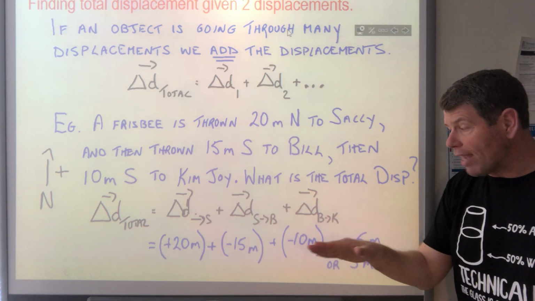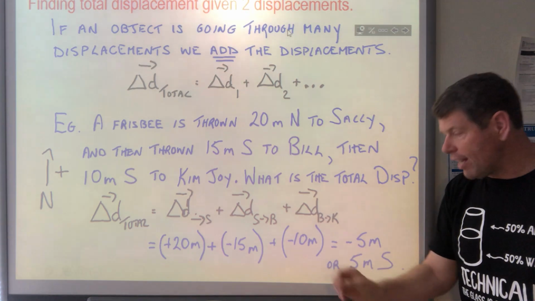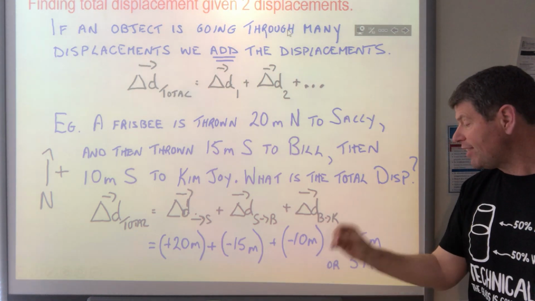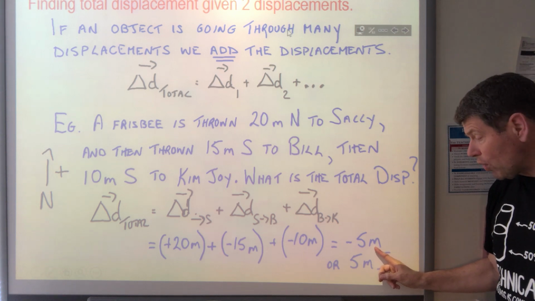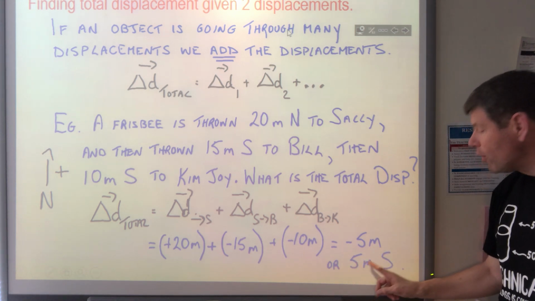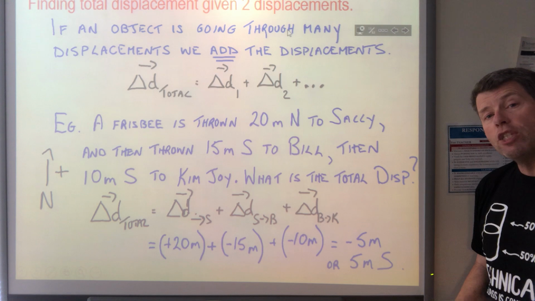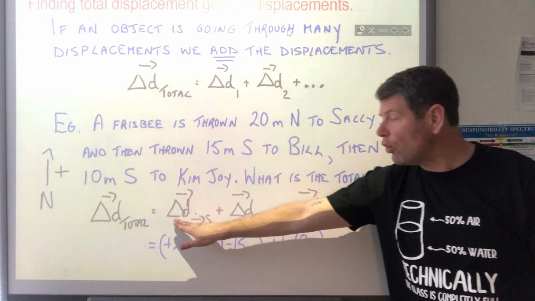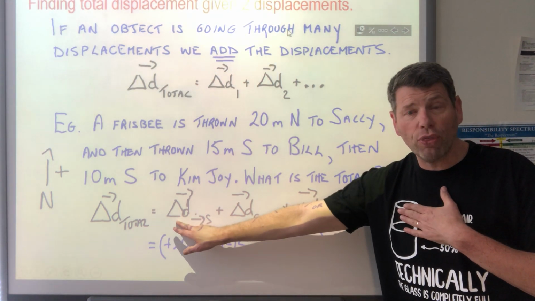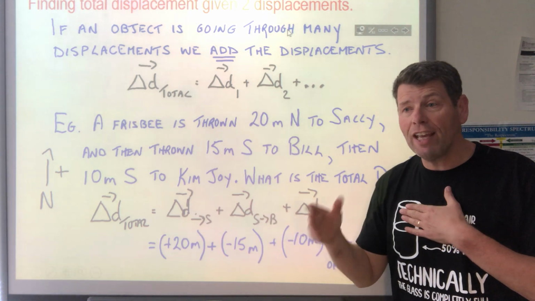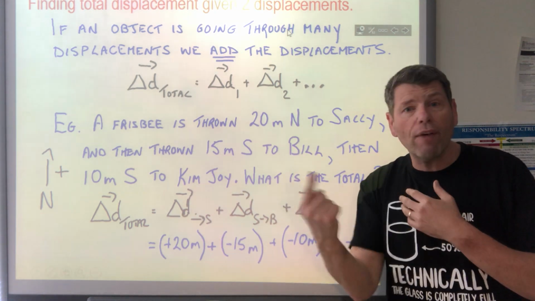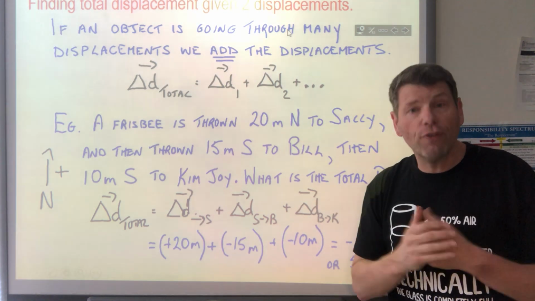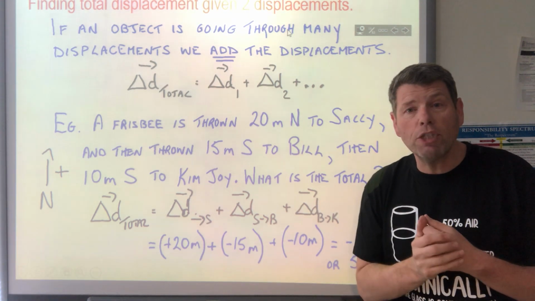Positive 20 plus negative 15 plus negative 10 gives me a final answer of negative 5 meters, or 5 meters south from where the Frisbee started. From the initial thrower, like me, if I'm the initial thrower, that Frisbee is ending up 5 meters south of me after it has traveled the different displacements.